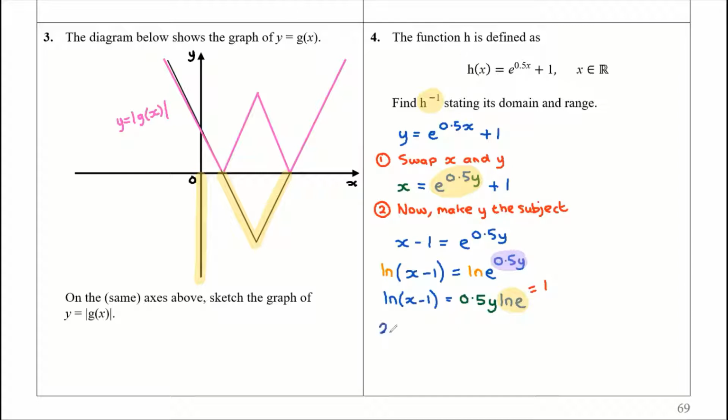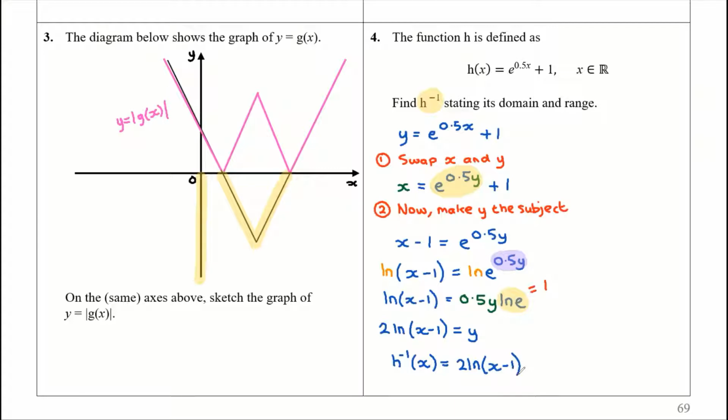So we get 2 ln of x subtract 1 is equal to y, which is our inverse function. So I'm going to state it to finish this off like so. h to the minus 1 of x is equal to 2 multiplied by the natural log of x subtract 1.